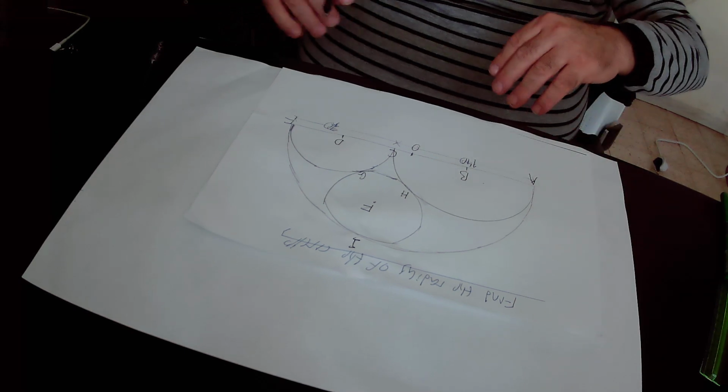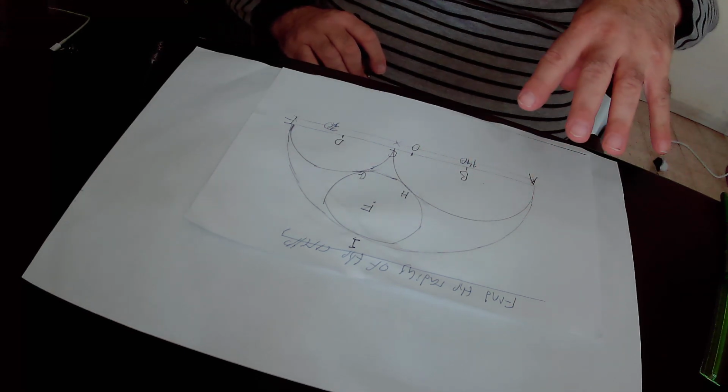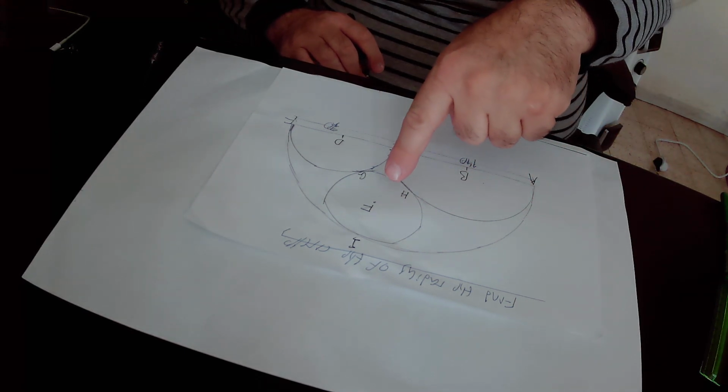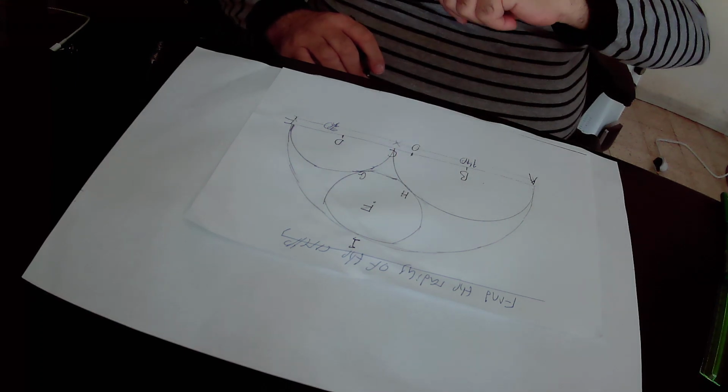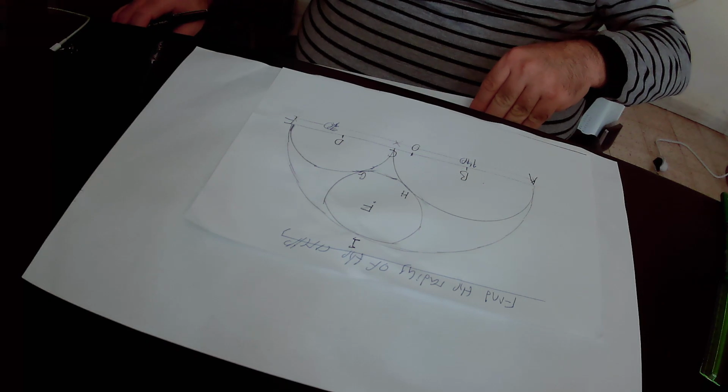We will define the radius of the biggest semicircle as capital R and the radius of this circle as small r. Small r is the radius that we are looking for. So I write it down.